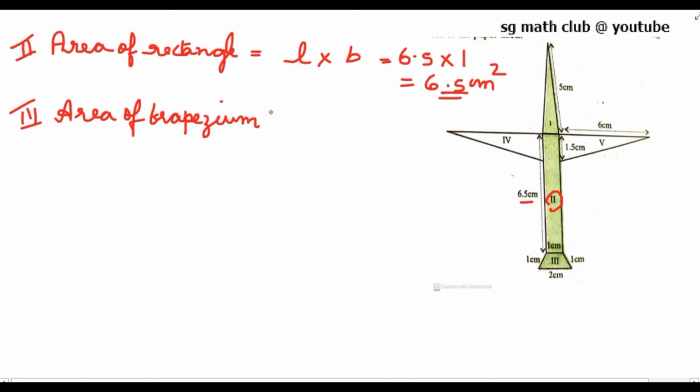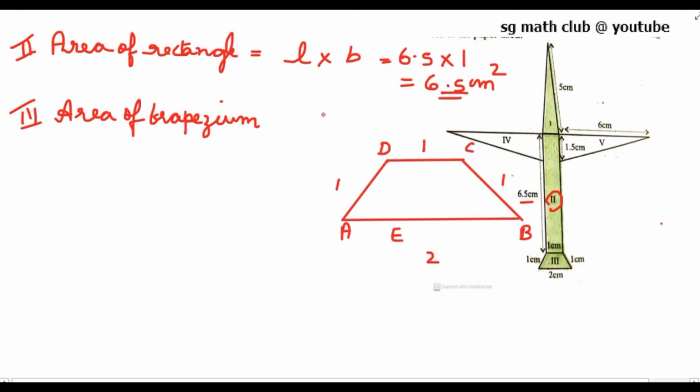The formula for the area of a trapezium is half h into a plus b. h is the height of the trapezium, and a and b are the parallel sides, so a plus b is the sum of the parallel sides. We need to find the height of this trapezium.